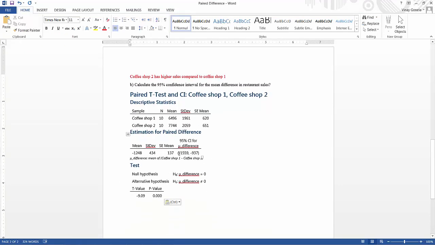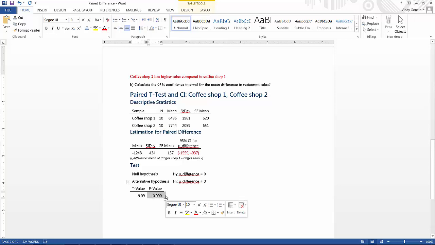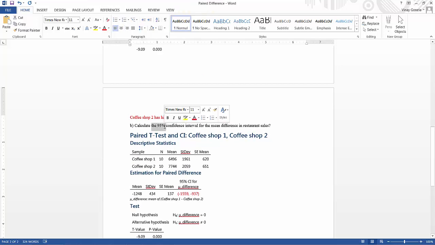So now if you see our confidence interval, both are still negative. That means again mu2 is higher than mu1 and p-value 0 is less than 0.05. Now our alpha would be, in this case, 0.05.